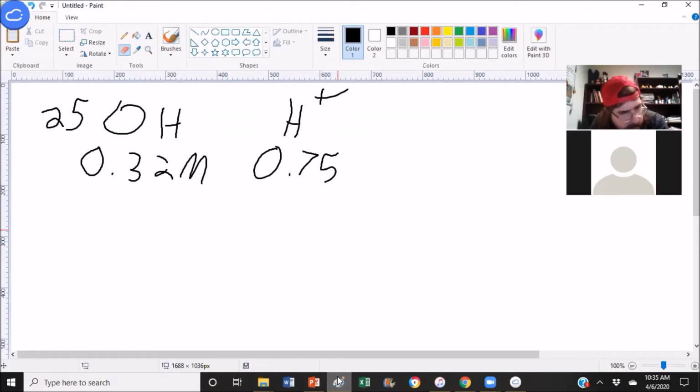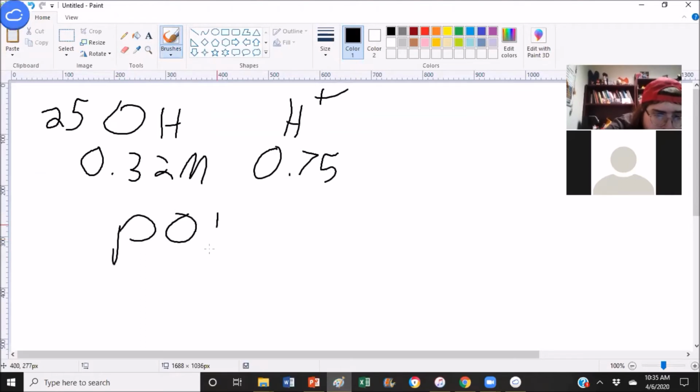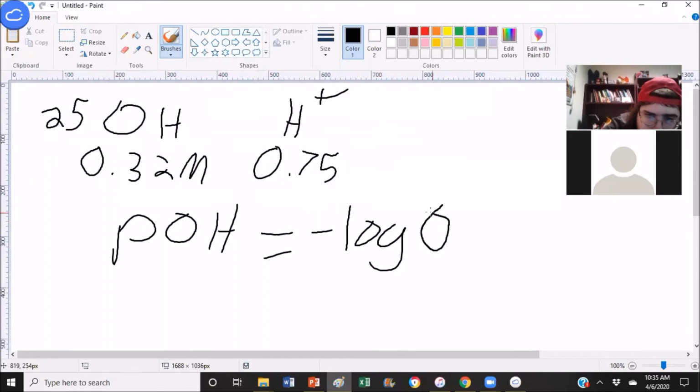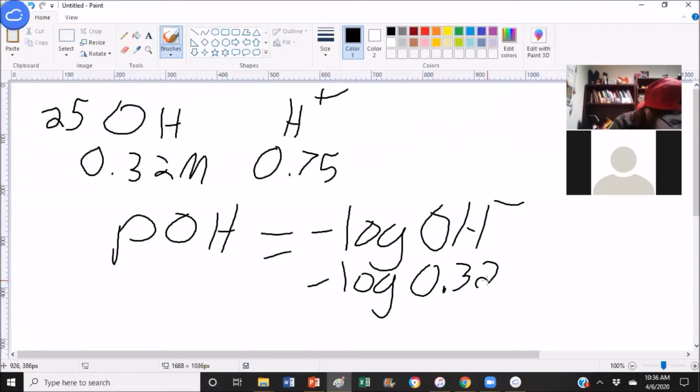How would you calculate pH of an OH solution? Well, pOH is equal to the negative log of OH. So the first point is just going to be the negative log of 0.32. That's going to be pOH. The negative log of 0.32 is going to be 0.495.